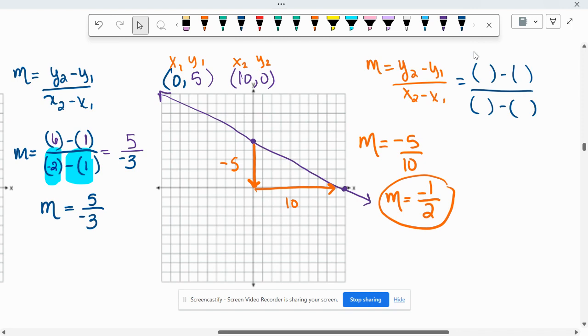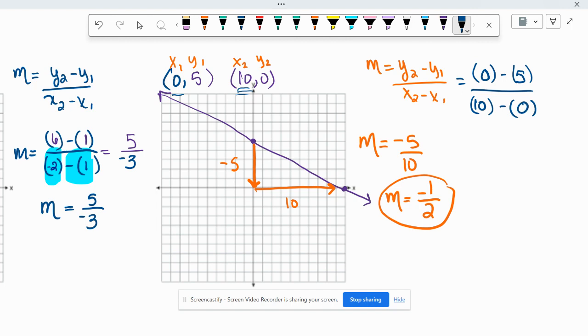So what is the value of y2, Kian? 0. What is the value of y1, Sophia? It's 5. Yep. What is the value of x2, Jerry? Jerry, I've got it labeled up there, x2. 10. And what is the value of x1, Nathan? Look right here, Nathan. I've got it labeled.